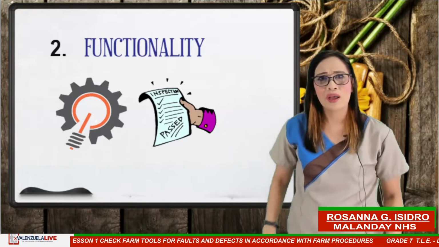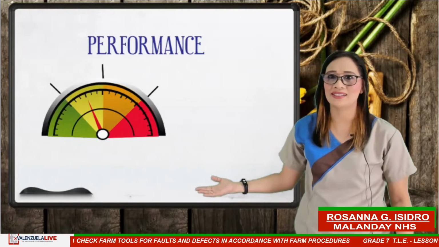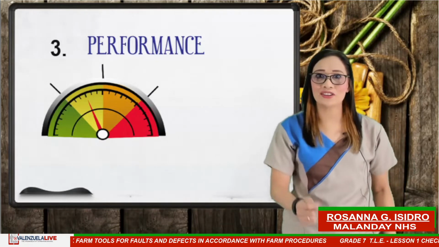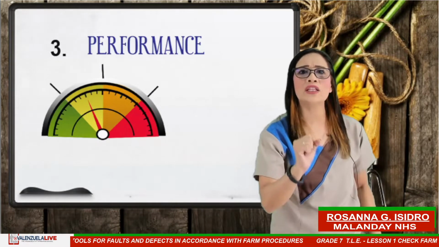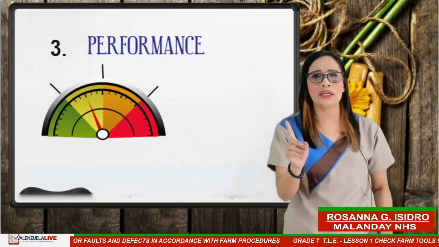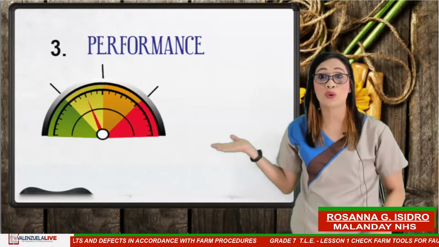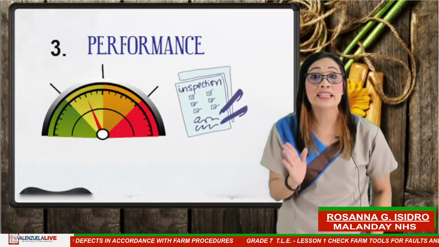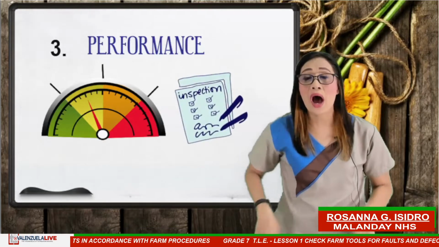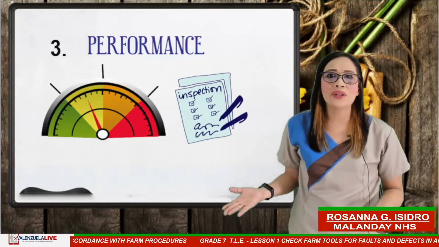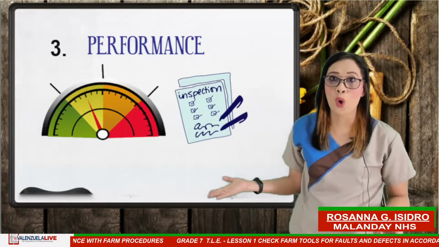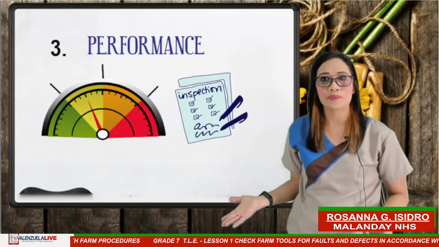Number 3, performance. Checking the performance of a tool is not only done during the actual use, but it should also be done after determining whether the tool is worthy to be used.